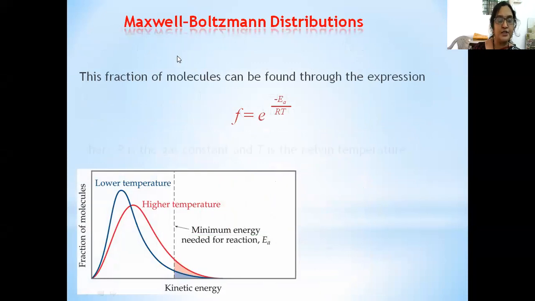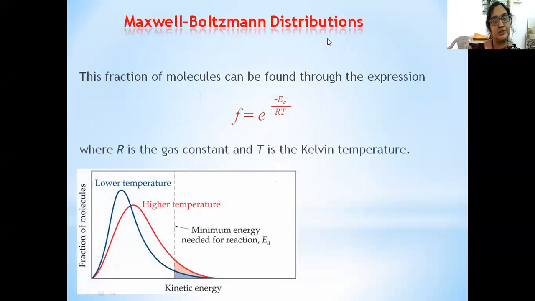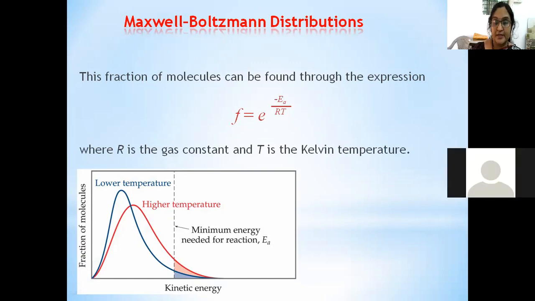Now, again, we must know about the Maxwell-Boltzmann distribution law. It gives how the fraction of molecules having that particular energy, that is the activation energy, varies with temperature. When we plot a graph of the fraction of molecules against kinetic energy, you can see here, blue lines are at the low temperature, red lines at the higher temperature, and this is the minimum energy needed for the reaction, that is the activation energy.